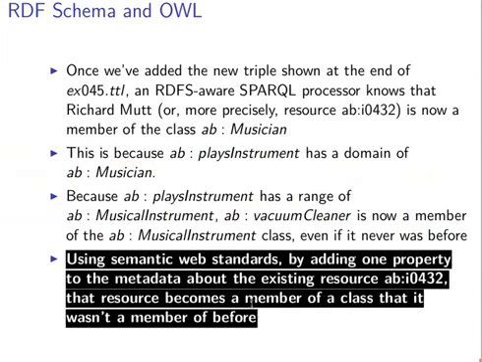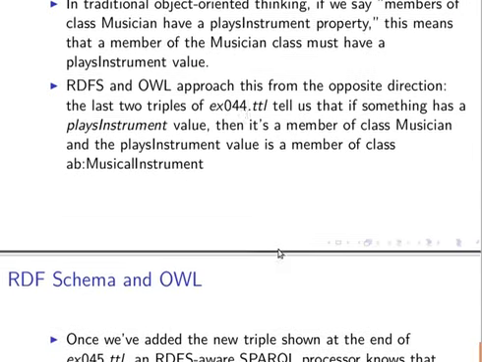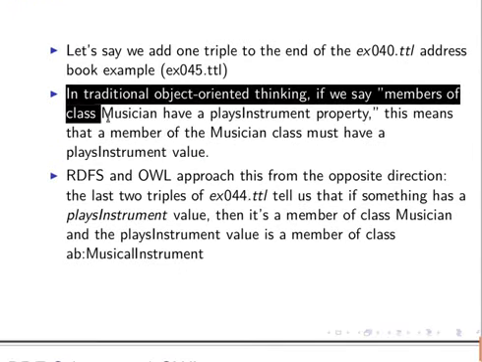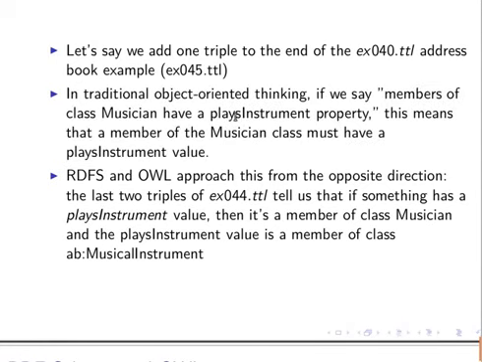just saying that using the semantic web standards, by adding one property to the metadata about the existing resource, for example this resource here, that resource becomes a member of a class that it wasn't a member of before, automatically, just by adding one property rather than having to create a new instance of that class and instantiate the values as we do in object-oriented.